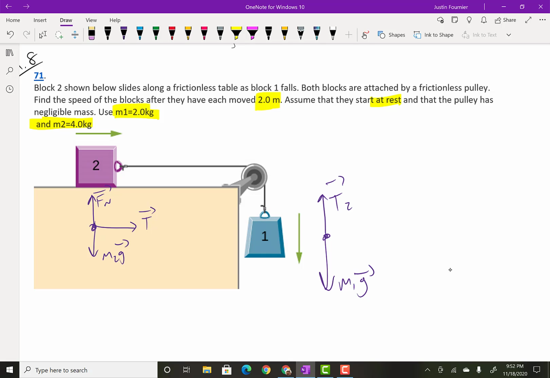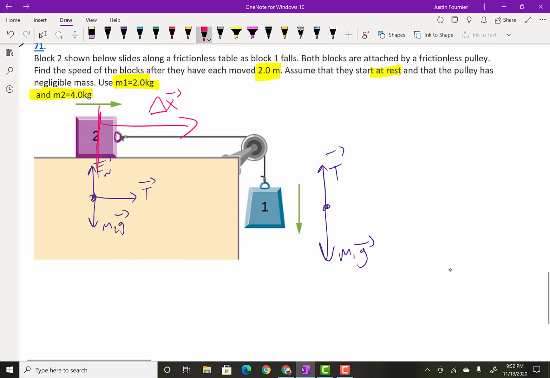Let's just call it T. Both those tension forces are the same. And we know the displacement is going to go this way. That's the displacement of mass 2, and mass 1 is going to have the exact same displacement.